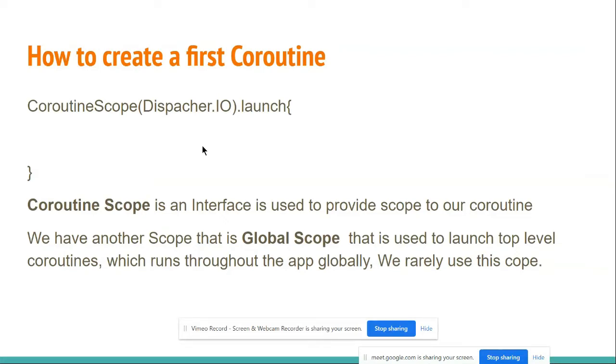We use it when there is a task we have to run throughout the application while the user is using it, running in the background regularly at some interval while using other parts of the application. In that case we use the global scope, but mainly we use the coroutine scope only.